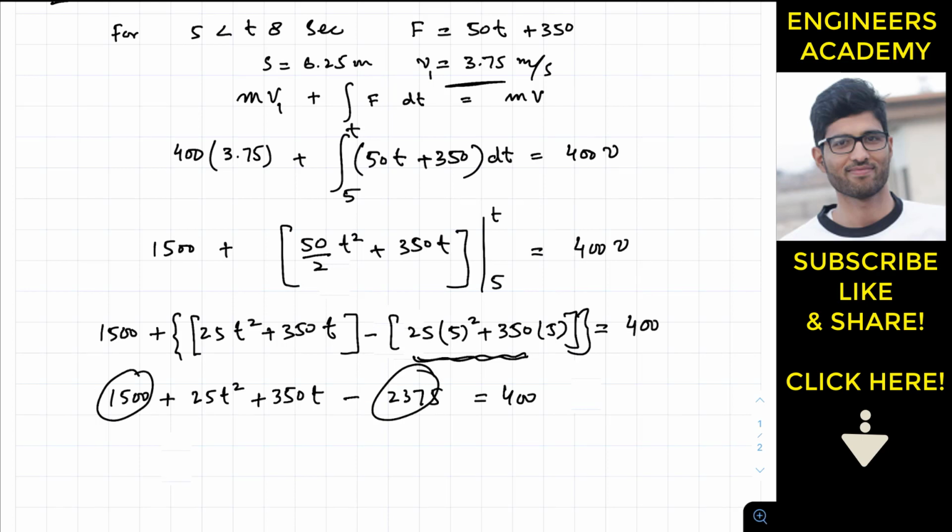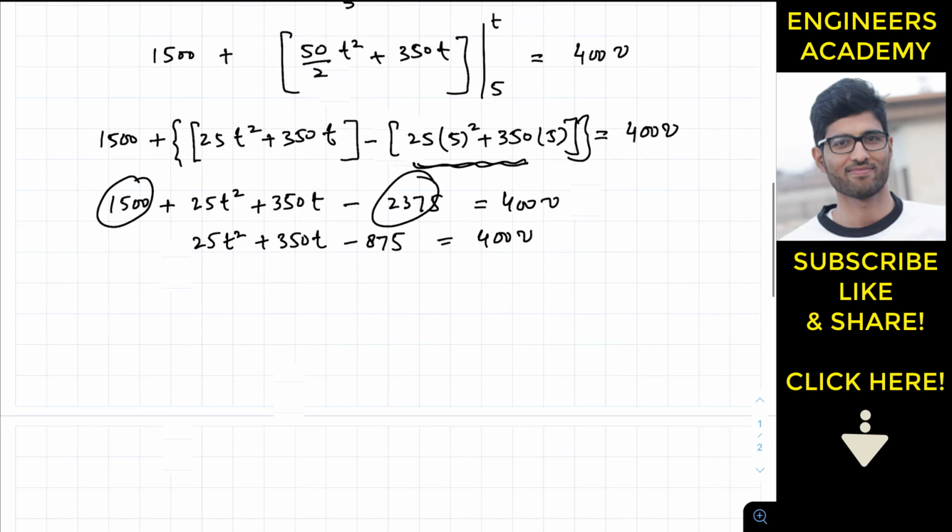Now we can add both of these, so 1500 minus 2375 gives us minus 875. So this equation is 25t square plus 350t minus 875, and this is equal to 400v. This is 400v, remember.